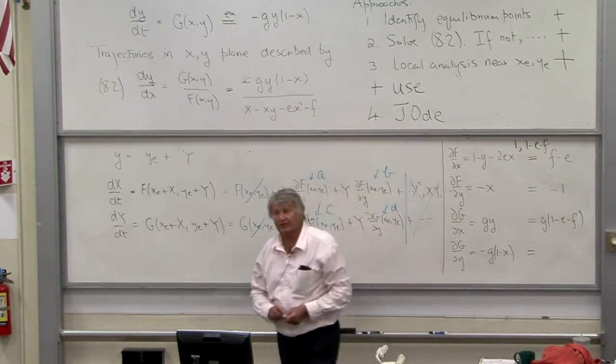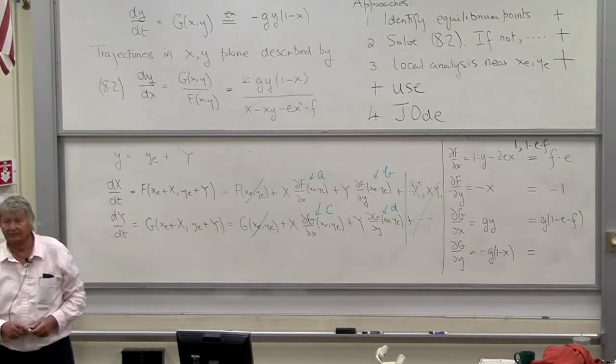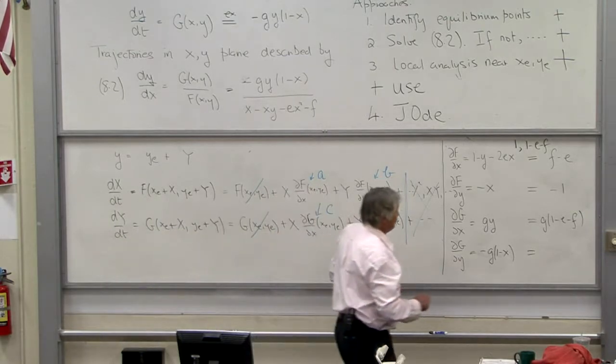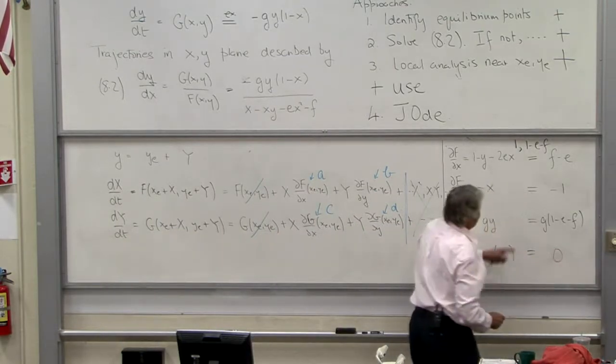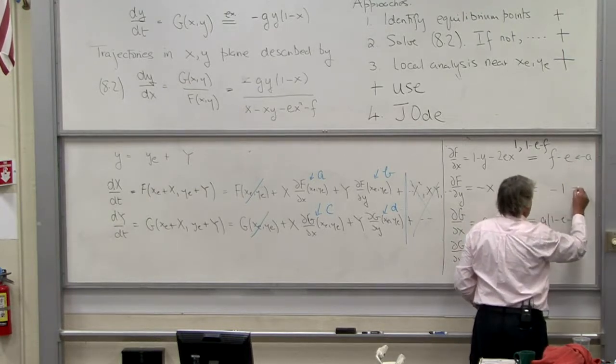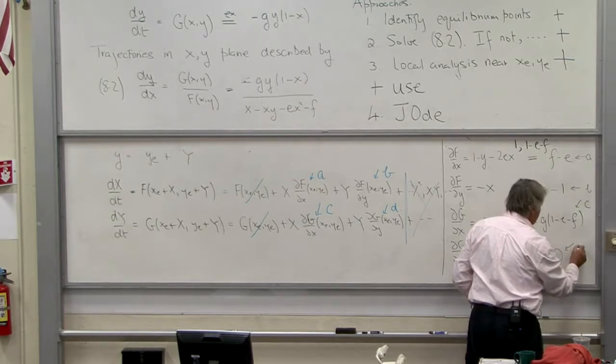Now, who's going to get this one? What is this coefficient? Big fat 0, because x is 1, right? So, in that case, this is our A, this would be our B, this would be our C, and this would be our D.